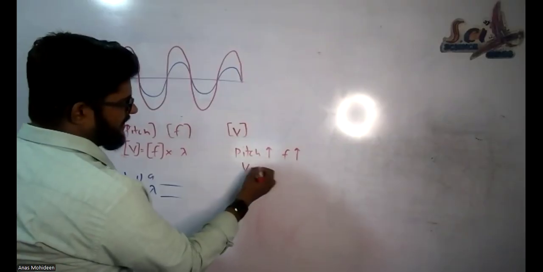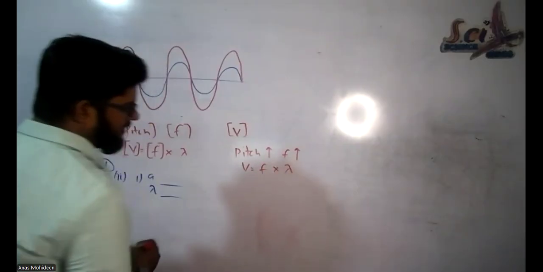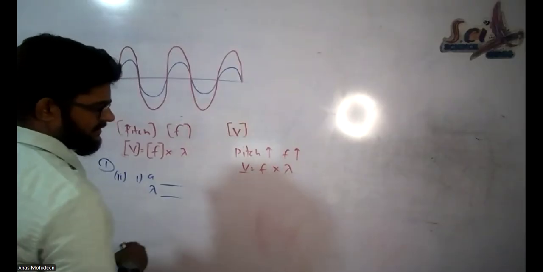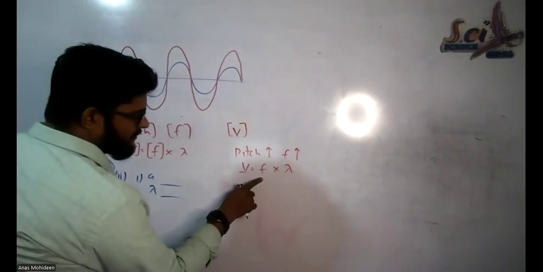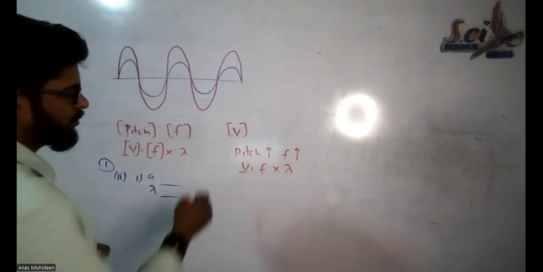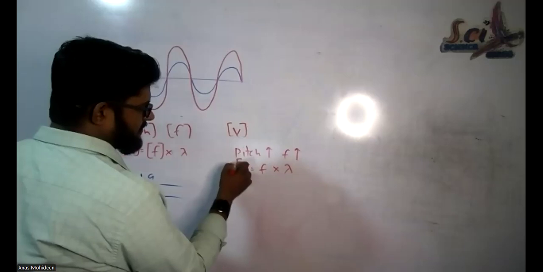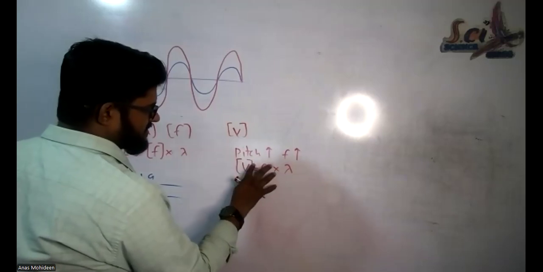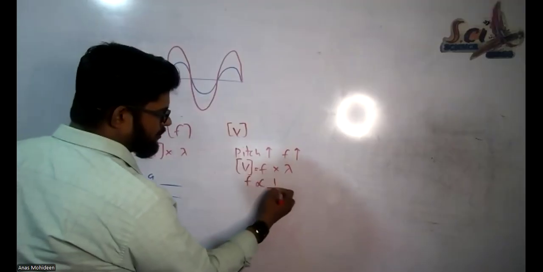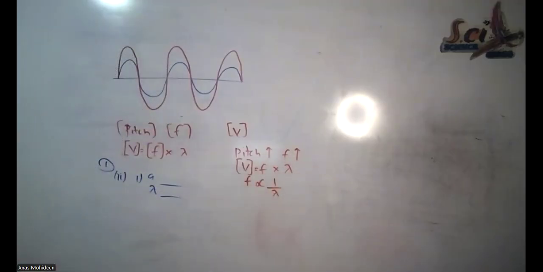If the pitch is increased, frequency increases. So according to v = f × λ, the speed is constant. When the frequency is increased, wavelength must be decreased. To keep the wave speed constant, f and λ should have an inverse relationship.